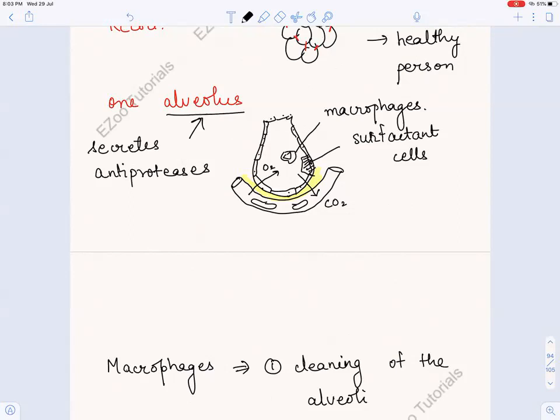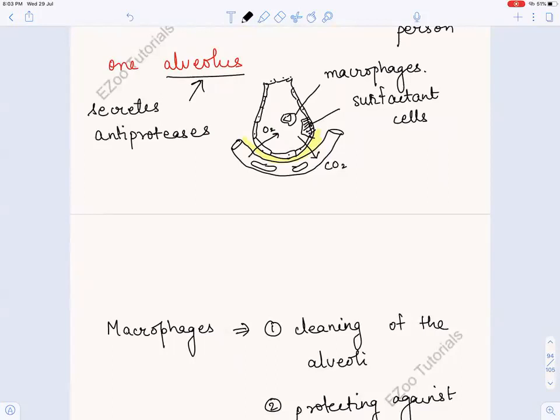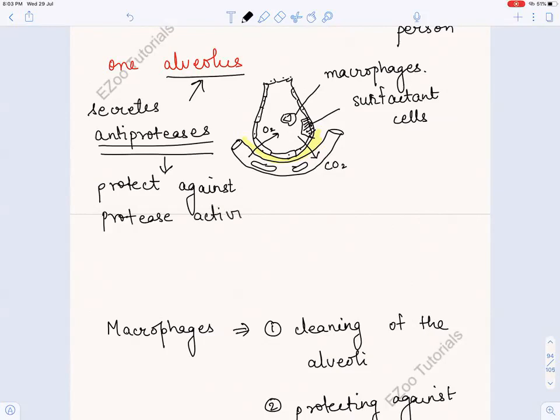What do these antiproteases do? They are anti to the protease, so obviously they protect against the protease activity.